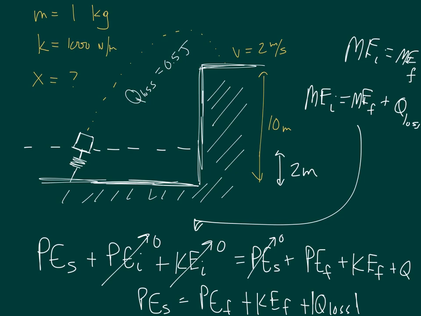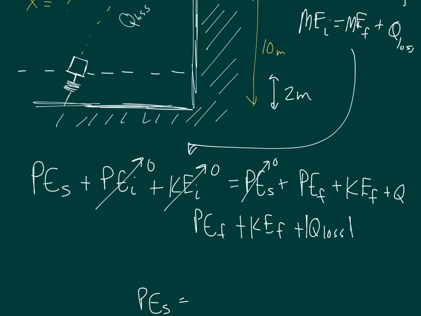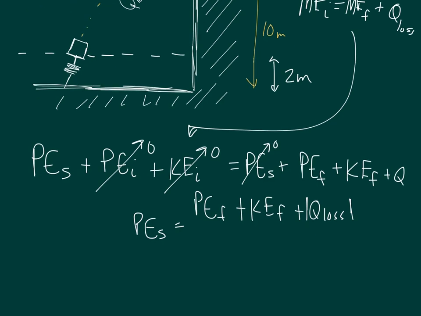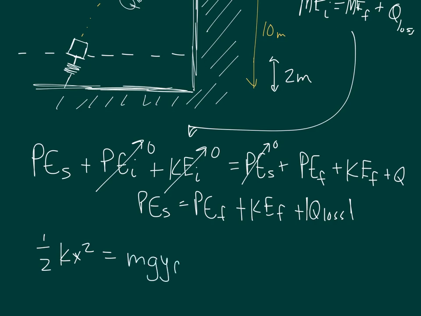Okay? So if we were to go ahead and plug in our variables, we know we have a lot of variables involved. For energy in a spring, it's 1/2 kx squared. That's all the energy. In the very beginning, all you have is a spring. When it hits the cliff at the top, it's got potential energy. It's got kinetic energy.